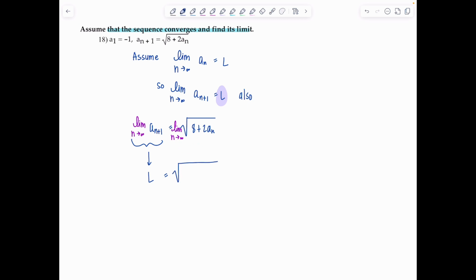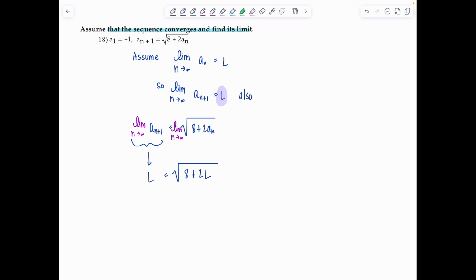Square root, 8's a constant, plus 2 times the limit as n goes to infinity of a sub n, where does that go? It's L. So basically all you do, you take that recursive formula and you replace all the a sub whatevers with L's.